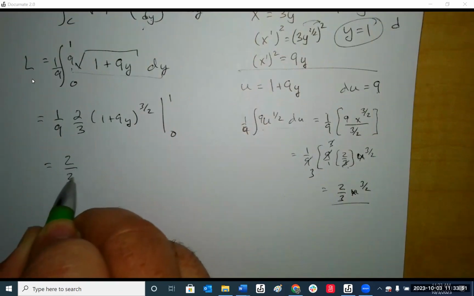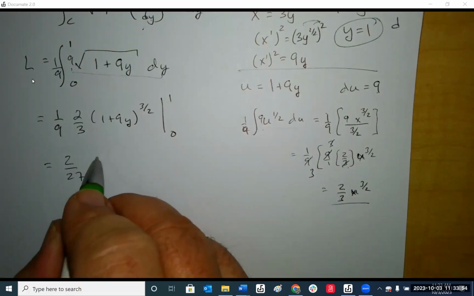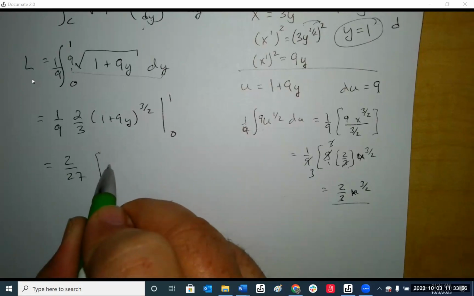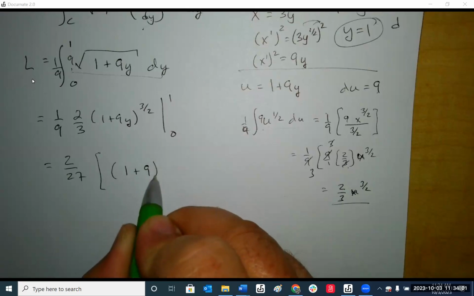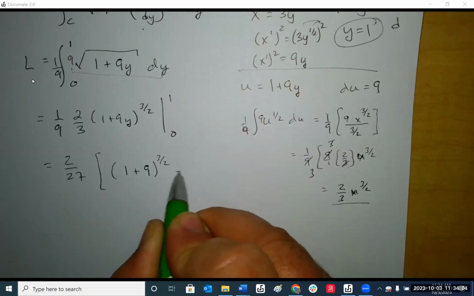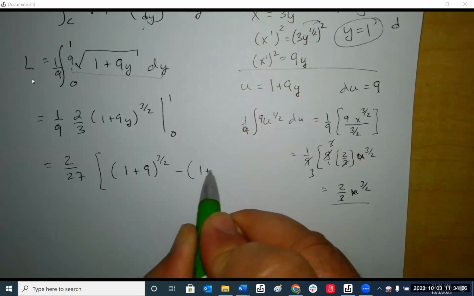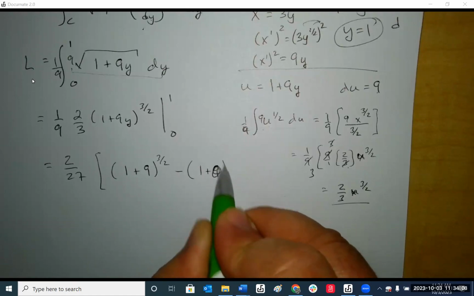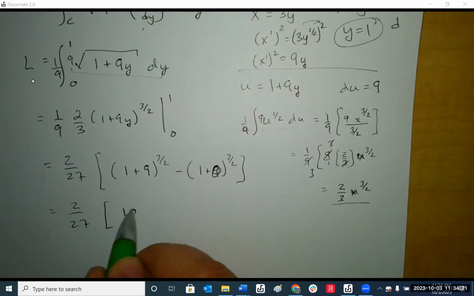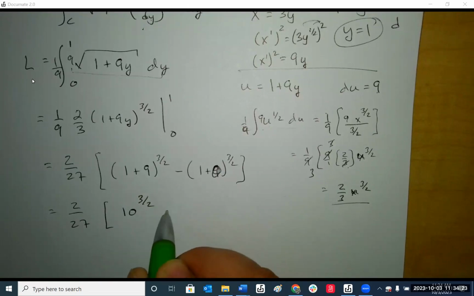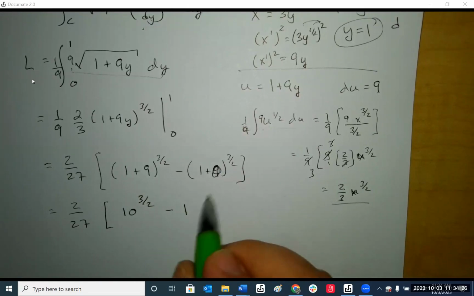So it's 2/27 times ((1 plus 9) to the power 3/2 minus (1 plus 0)). 10 to the 3/2 minus 1.